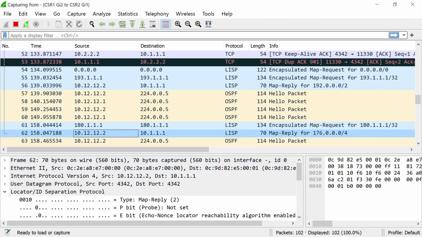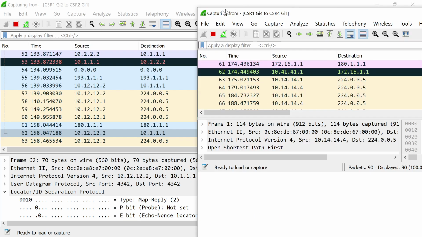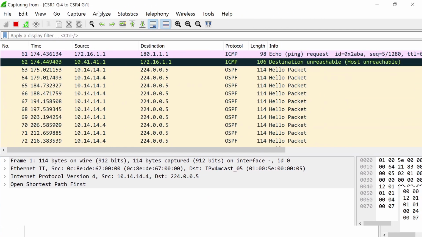And let's see what happens between router 2 and router 4. Let's see. CSR2 to CSR3. I mean, from router 1 to router 4.